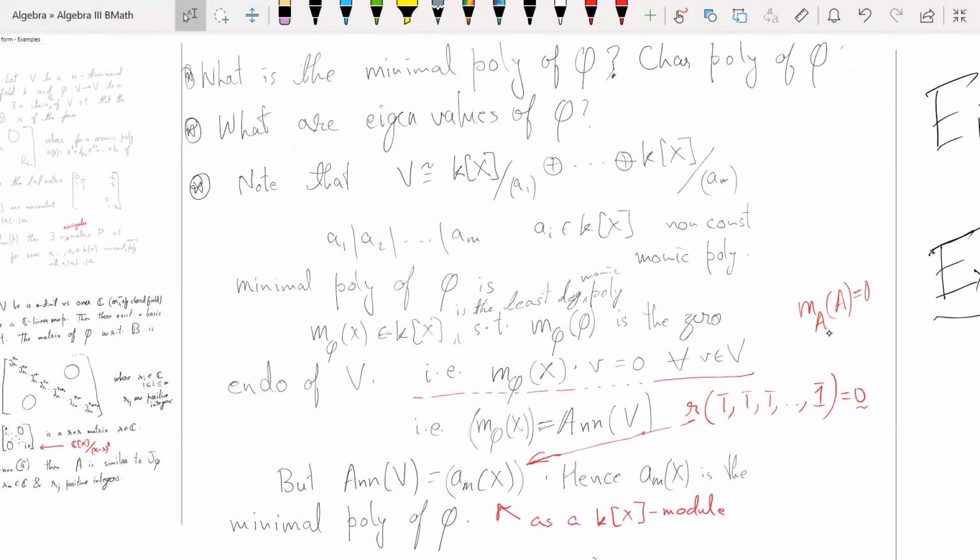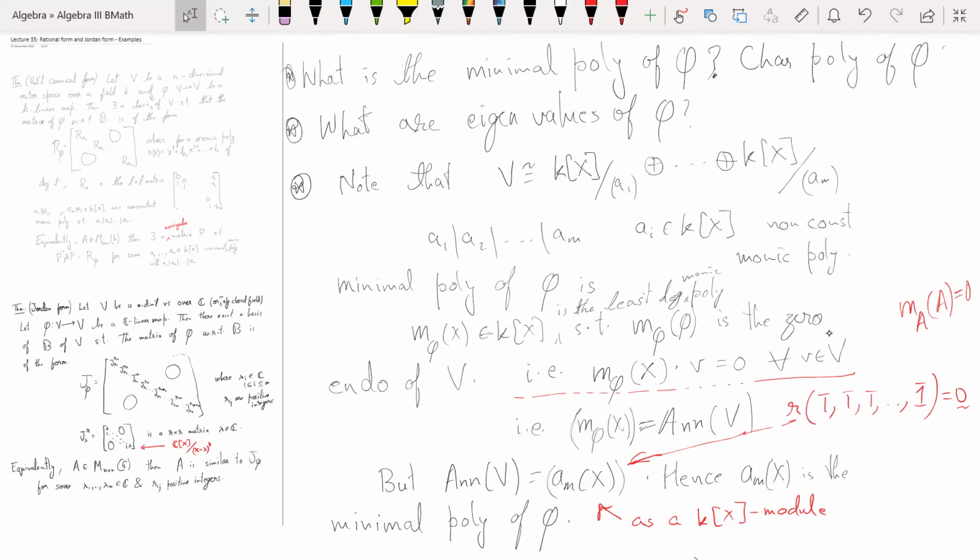The minimal polynomial and the characteristic polynomial you can get just by looking at the rational form. But just knowing the minimal and characteristic polynomial won't give you the rational form. You need all the invariant factors. One of the invariant factors is easy to compute, which is the minimal polynomial. And you know how to compute the product of the invariant factors, but individual invariant factors are difficult to compute.